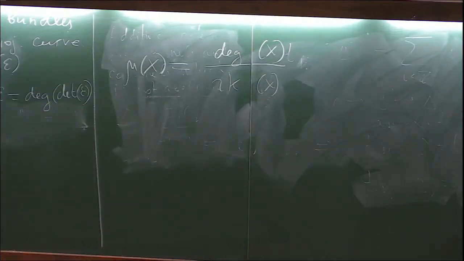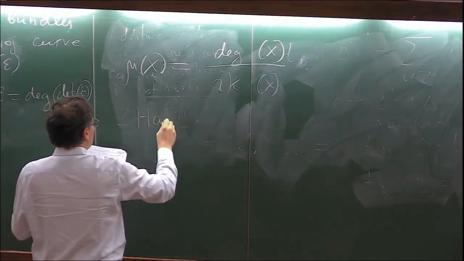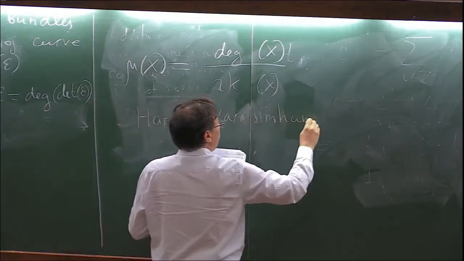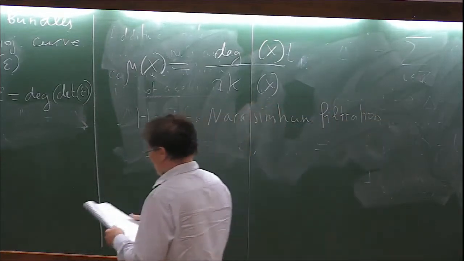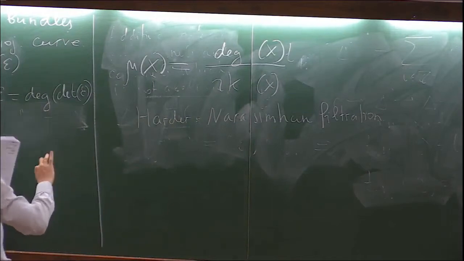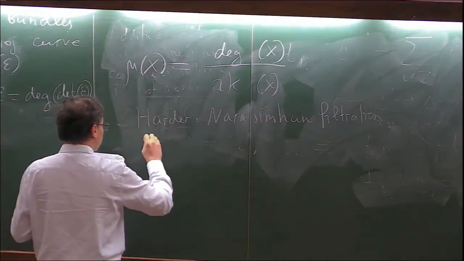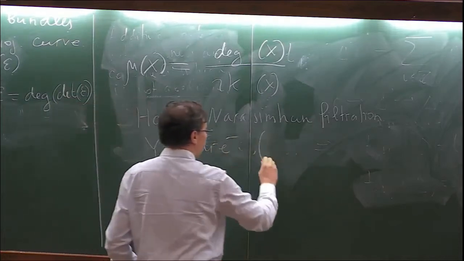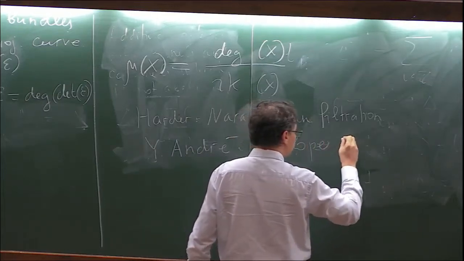And we have a formalism of slopes: the Harder–Narasimhan filtration, which was generalized in the framework of very general categories by Yves André in the paper on slope filtrations, which is published.